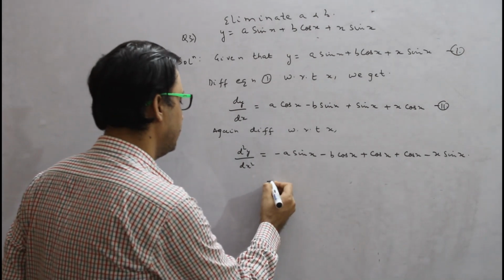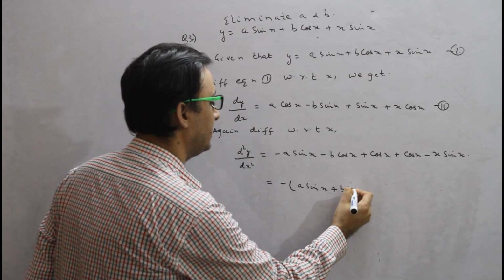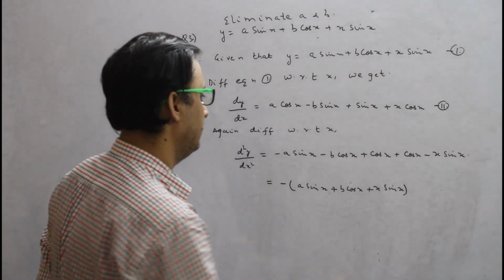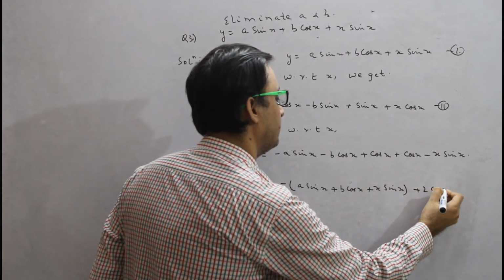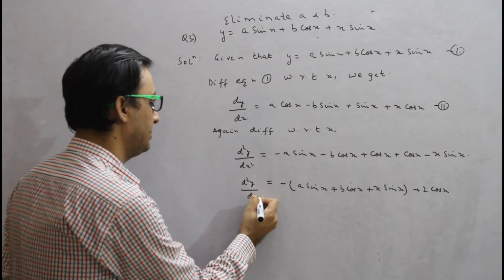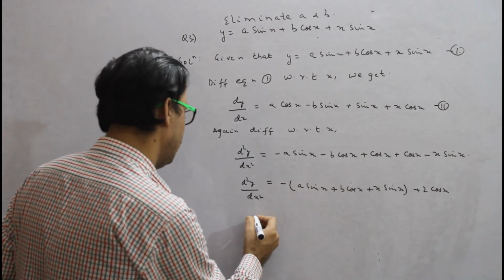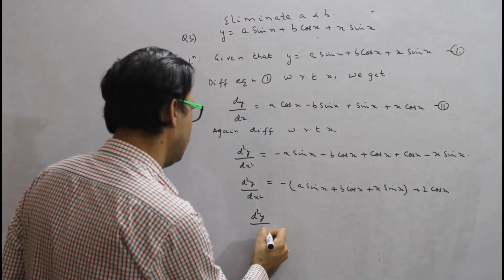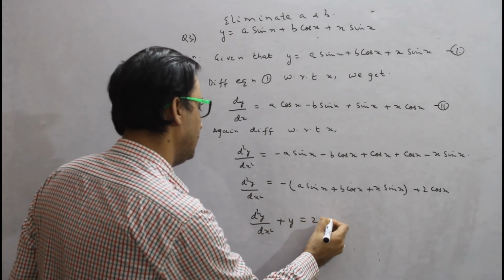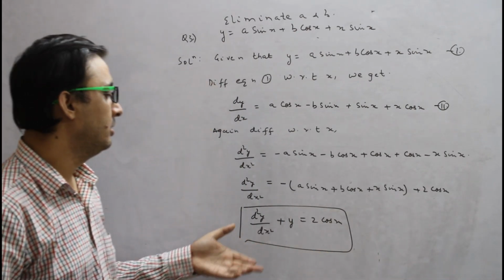So we can write this as minus of a sin x plus b cos x plus x sin x plus 2 cos x. So we can write this as d square y by dx square, and this is the value of y, so we can put y here. We can put this minus sign on the left-hand side, and this becomes our answer. So this is how we formulate our ordinary differential equation.